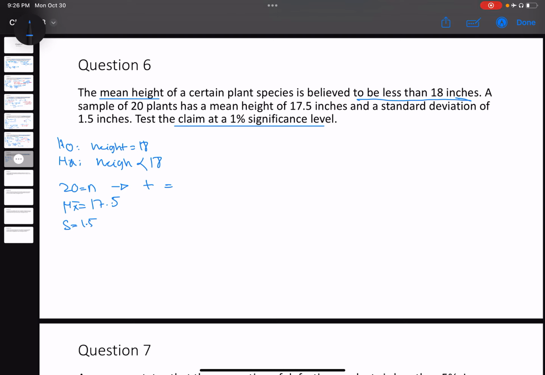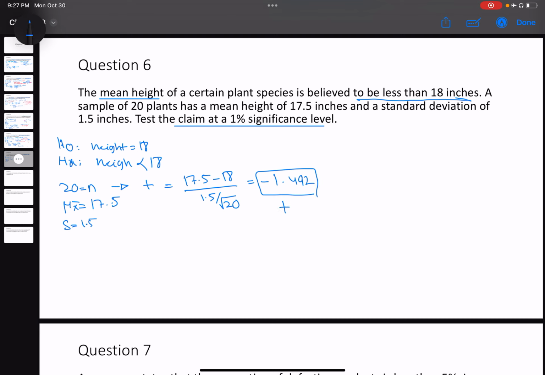Using this formula, x bar minus mu, 17.5 minus 18 divided by 1.5 divided by square root 20. The final number would be minus 1.492. This is a t-value.